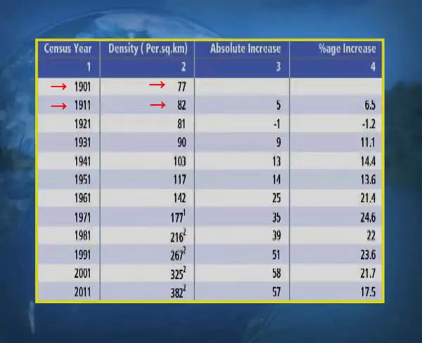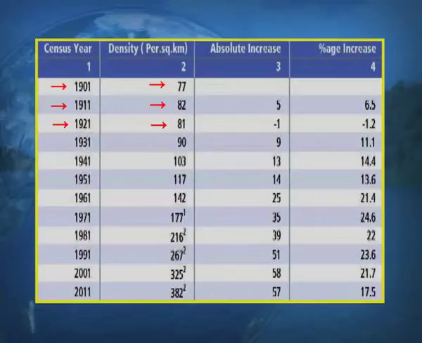Then in 1921, the year which is known as the year of demographic divide, we had a certain fall in the population, as we saw in the previous lesson also. So, as a result, the density also fell by 1 person, that is, from 82 it came to 81 persons per square kilometer.